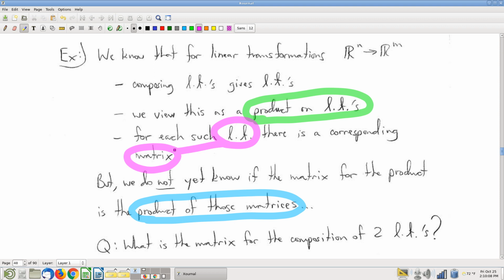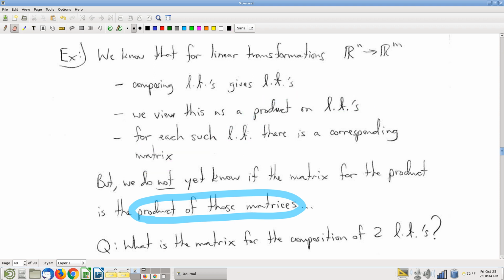And it might not be. This is a huge worry. Just because we choose to define something some way doesn't mean that our answer is natural and compatible and fits in with everything. This might be an oops. This is something we have to worry about, so it just has to be checked.